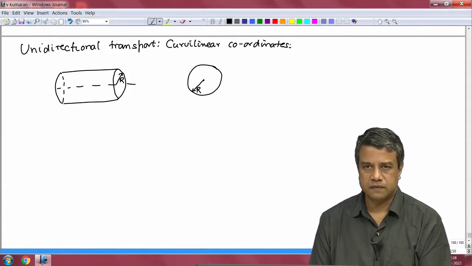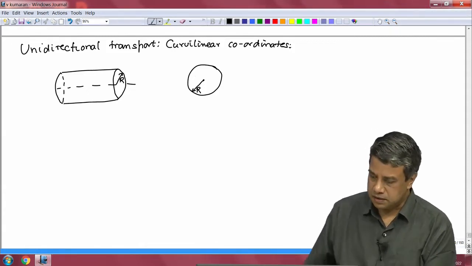We could of course solve these particular problems in a Cartesian coordinate system.